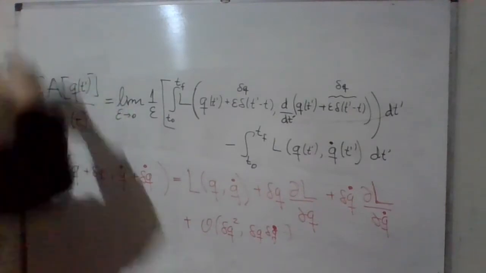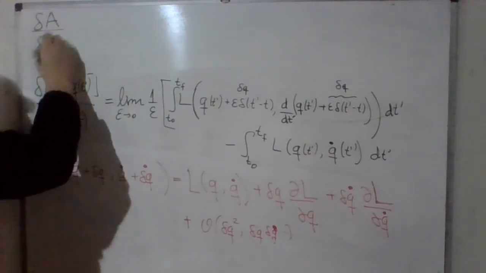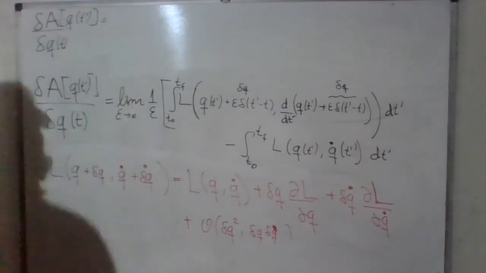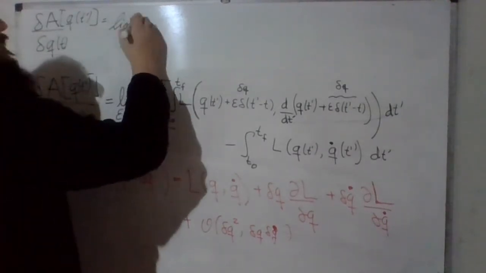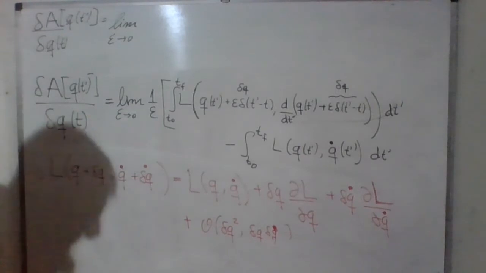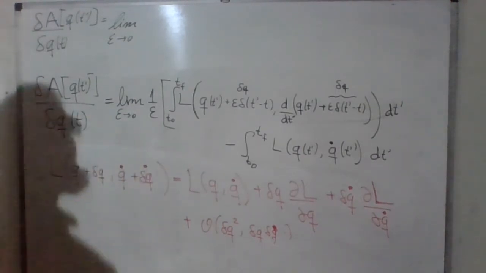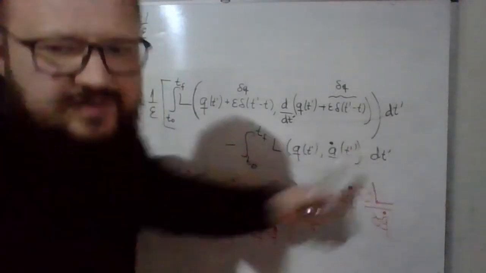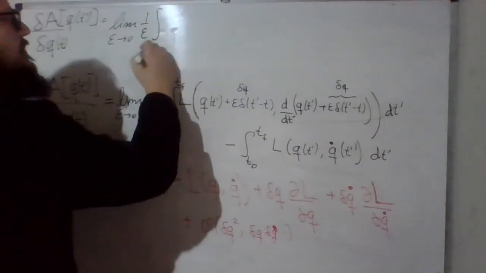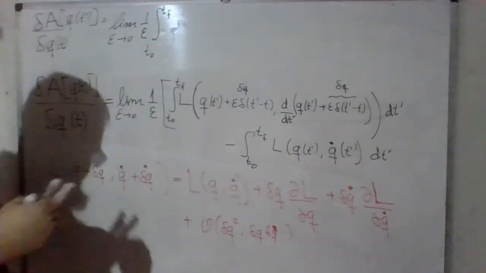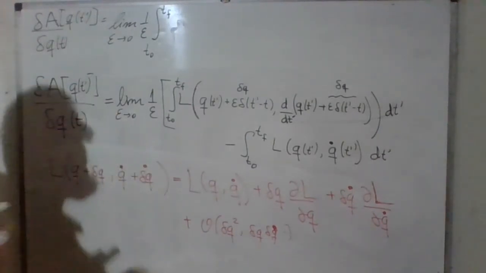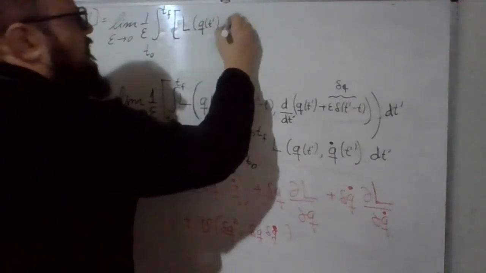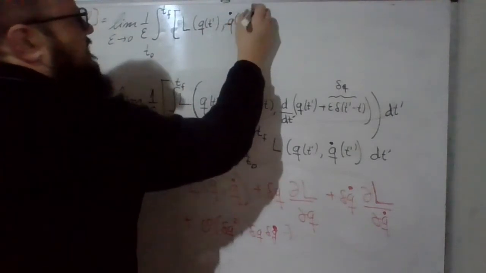Now we can rewrite this delta A over delta Q as the limit of epsilon going to 0, 1 over epsilon. All the factors are integrated over dt, so I could write this integral in front of everything, and we'll have L of Q and Q dot calculated at t prime.